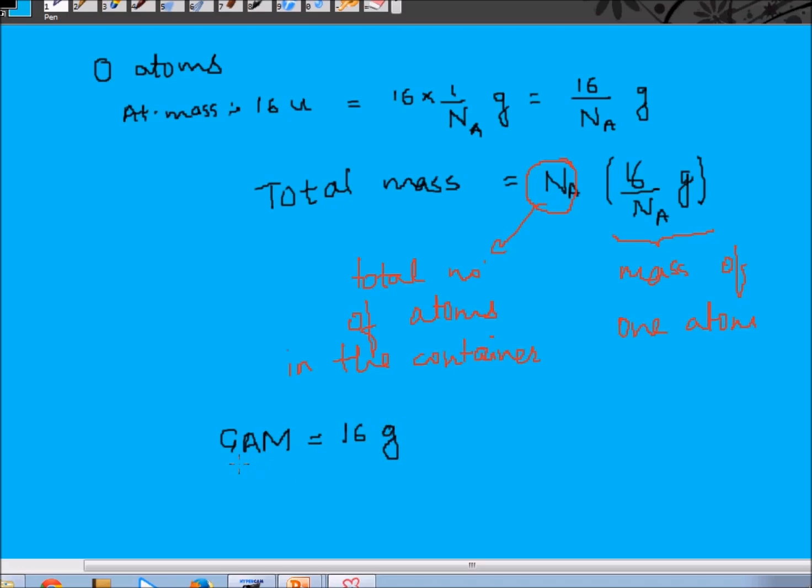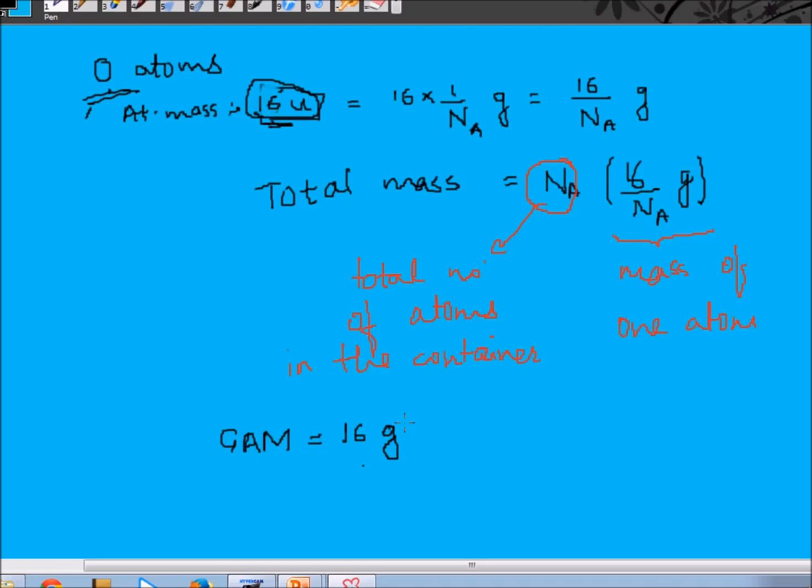Alright, so now if you look at it, the atomic mass of oxygen atom is 16U, whereas the gram atomic mass of oxygen atom is 16 gram. So this is mass of one single atom, this is mass of 1 mole atoms.